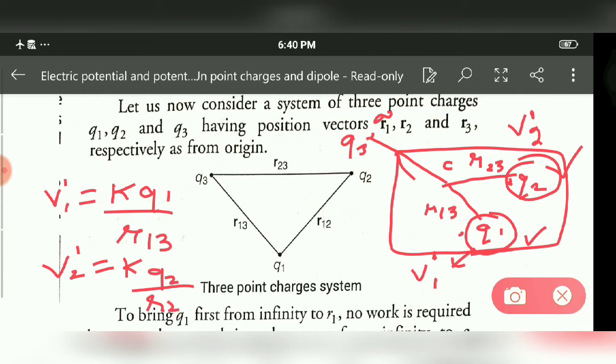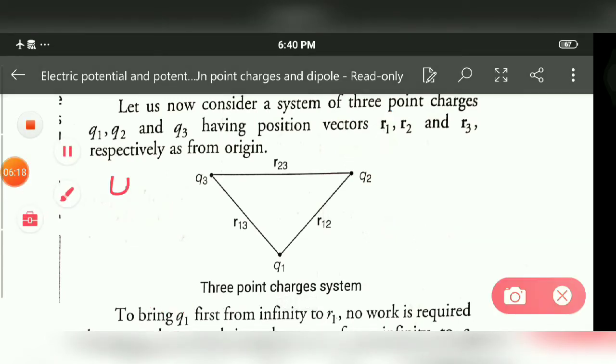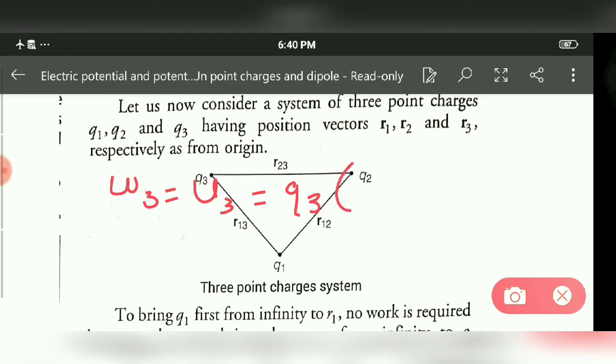Now the total work done, or energy used, for the third charge is the charge we are bringing, q3, times the total potential, V1 dash plus V2 dash.